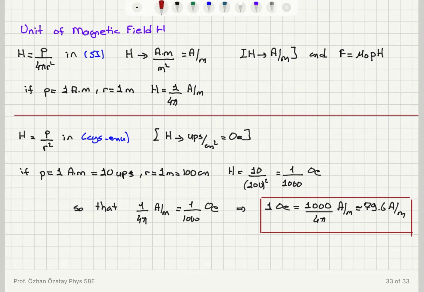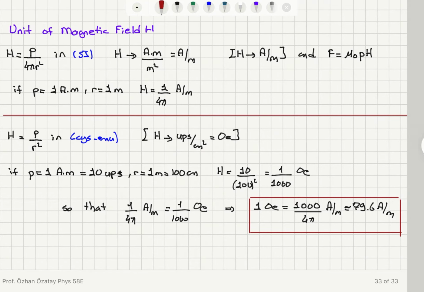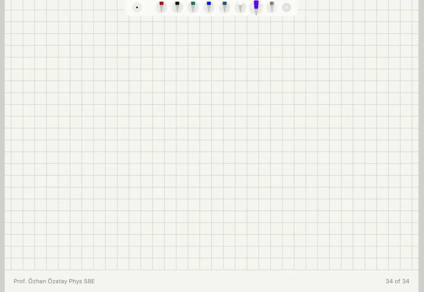And finally, I would like to take a look at magnetization. So let's talk about the unit of magnetization. Now, magnetic moment is current times the area for a current loop in SI units, and this has a unit of ampere meter squared.